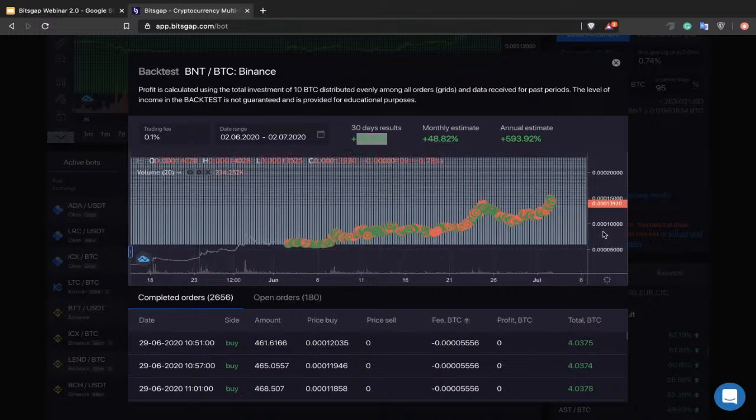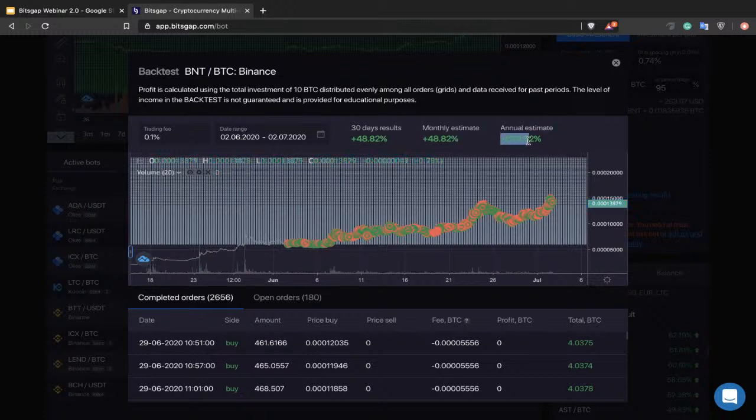So this is how volatility, and in this case bot profit, can vary significantly depending on the chosen cryptocurrency. And once again, this result doesn't guarantee that next month you would get the same. It can be that next month the volatility is going to be reduced, and in this case your return would be lower.